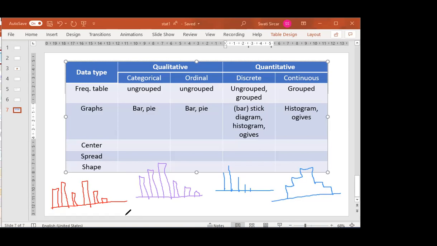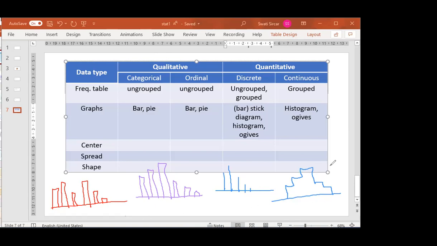Spread is discussed very minimally in class 7 and repeated in 9, but it's actually taken up in class 11. And shape has not been discussed pretty much anywhere.